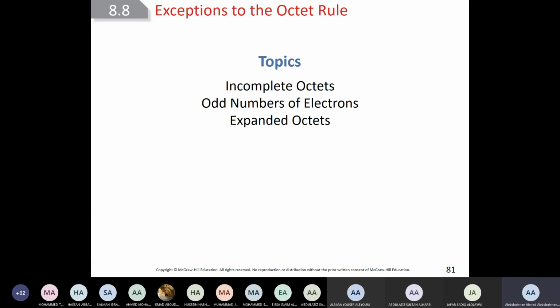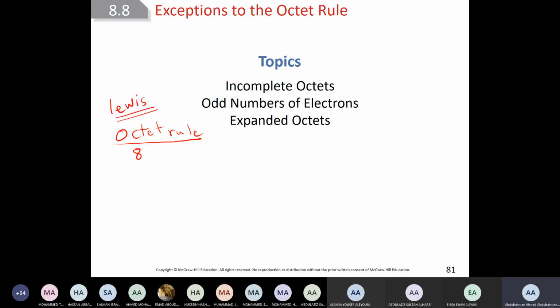Yes. Okay, now, is there an exception to the octet rule? What's the octet rule, by the way? What's the meaning of the octet rule? What's the Lewis octet rule?